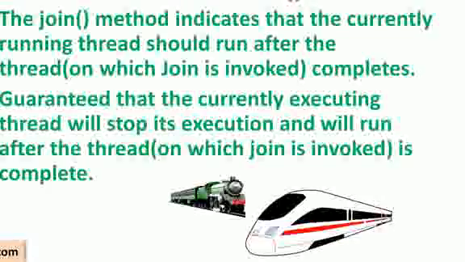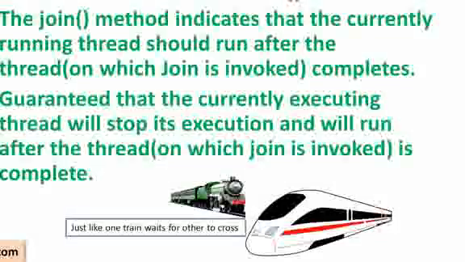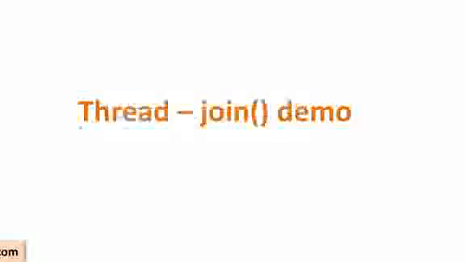So it's like joining the other's track, or the higher priority task that needs to be completed should be done first, and then the later will join the back. So we'll see a simple join demo now.